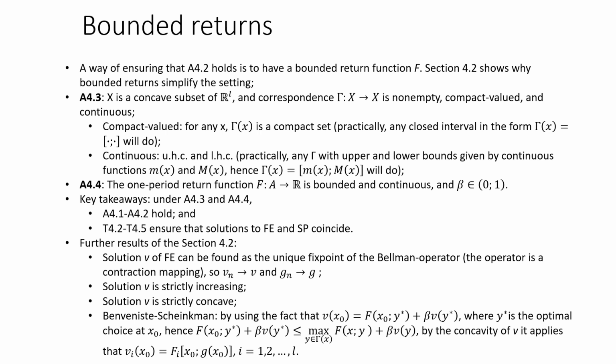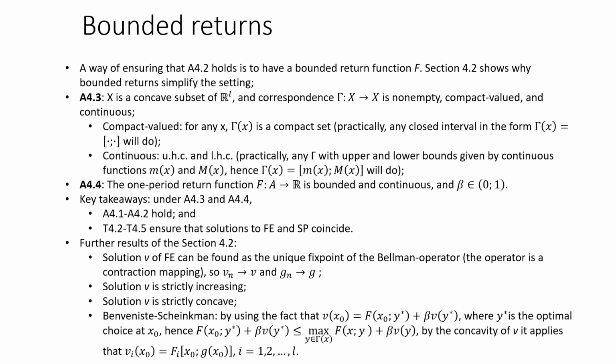The next special case in which we investigate how to address and how to solve dynamic optimization problems is the case of bounded returns. Just to go back to section 4.1, it's clarified that there is a way of ensuring that assumption 4.2 holds, and this is a very simple case in which we have bounded return functions.